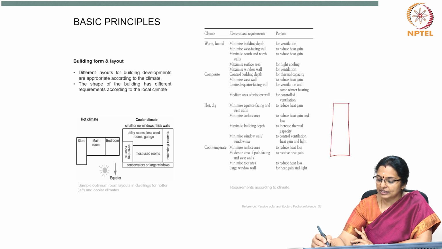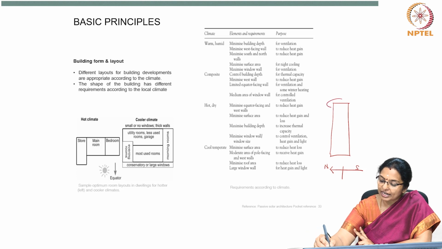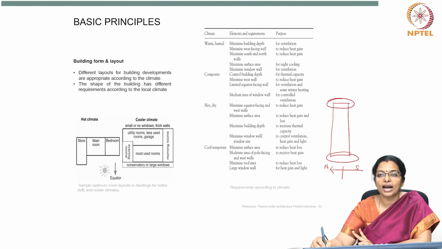So, longer side facing north and south is the best orientation to protect from solar radiation. However, east and west side should be shaded adequately using proper shading devices.